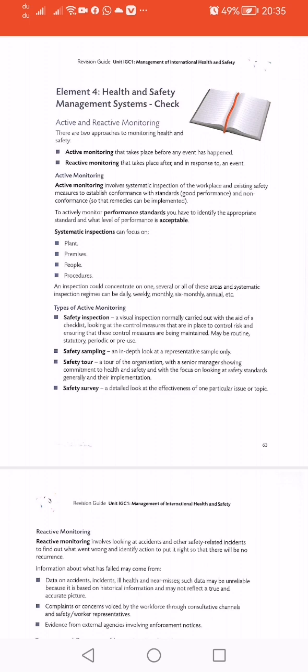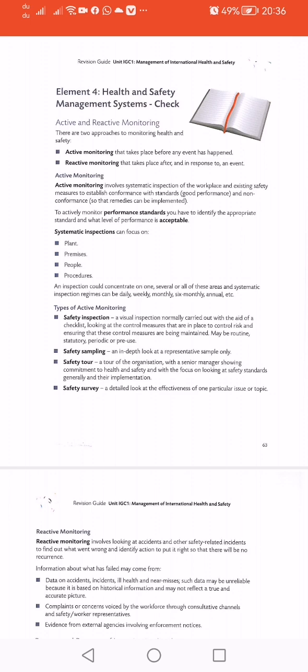So this simply means that things like plant, premises, areas, office, people, or procedures can be monitored every week or every month. This is called the active approach, where systematic means you should have consistency, every one week or every two weeks.